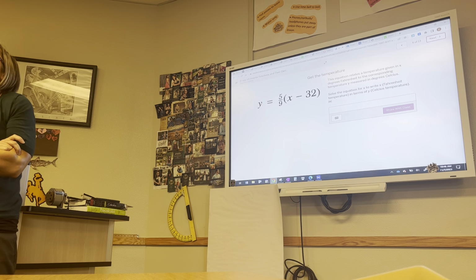But inverse operations undo what's been done to the variable, whereas a reciprocal is just flip the fraction over. If we had x plus 2 and you had to get rid of it, you would do the inverse operation, which is to subtract 2. That's not the same thing as flipping it over, and that's where I think the confusion lies. But they're reciprocals of each other. When you multiply them together, you get 1. That is actually the definition of reciprocals: when you multiply them together, you get positive 1. So there you go.